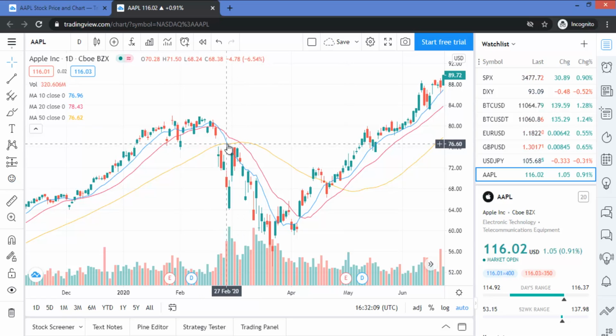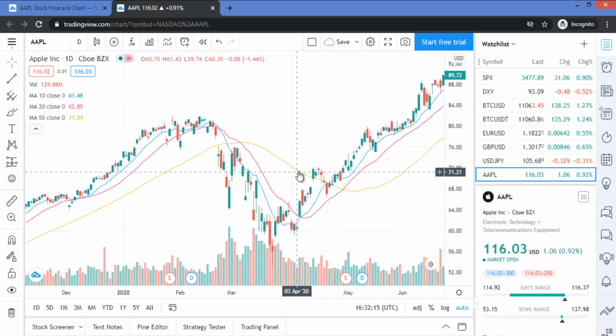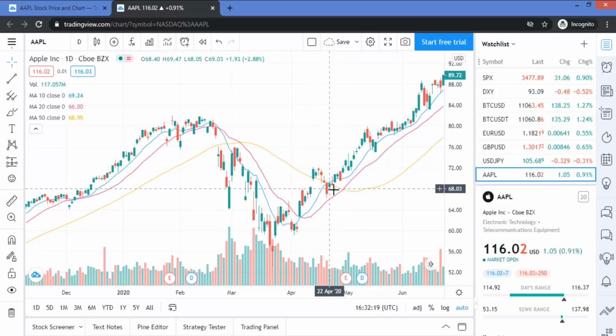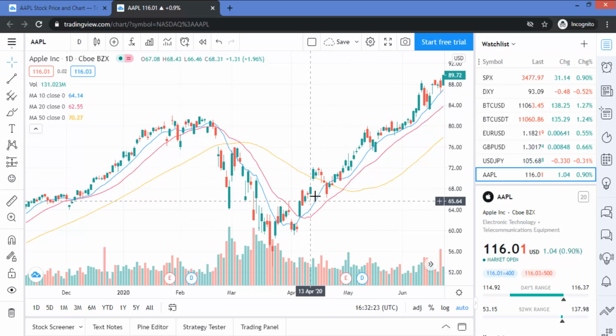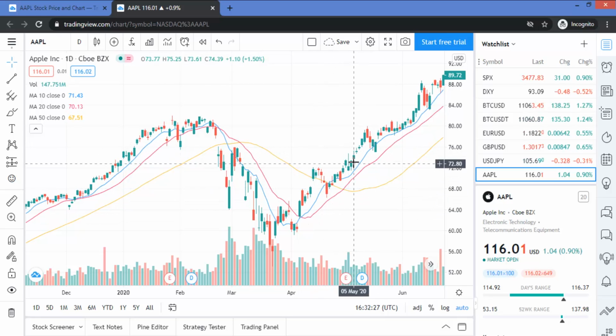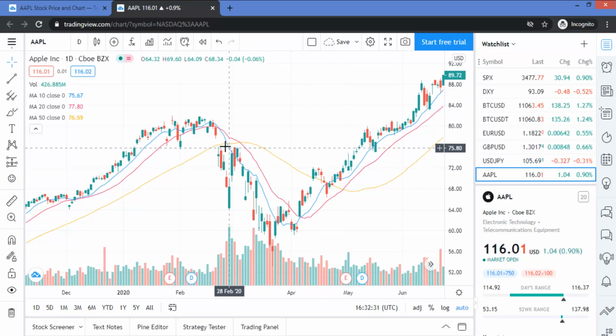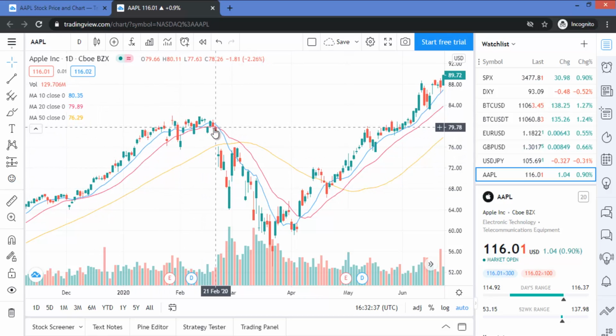As you can see, at this point of crossover, the trend has inverted and it's currently going down until the next crossover, where our 50-day moving average has been crossed by the 20 and 10. This indicates that the trend is going to the opposite side, which means it's going upward.